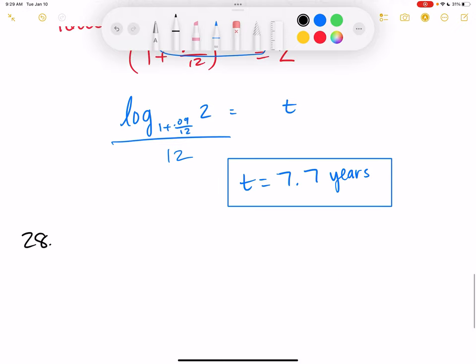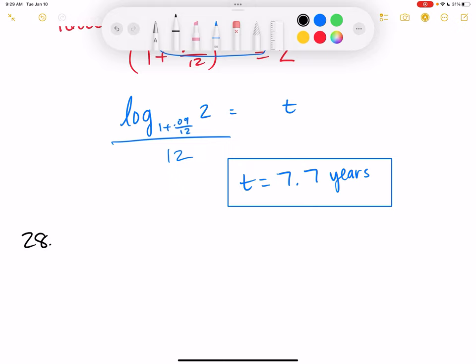All right, 28 says, the president of a bank has $18 million in his bank investments portfolio that he wants to grow to $25 million in 8 years. What interest rate compounded annually does he need for this investment?